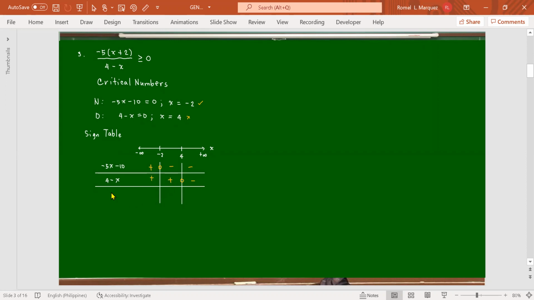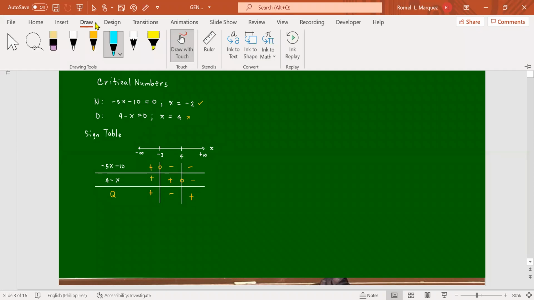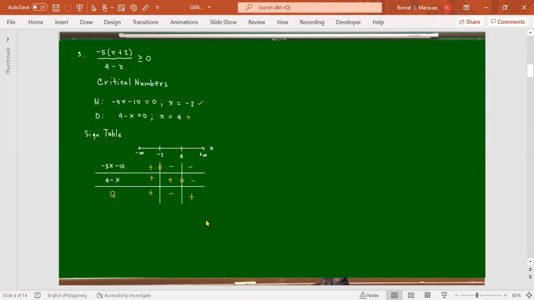Okay? We want to get the quotient. Positive over positive, positive. Negative over positive is negative. Negative over negative, that is positive. Which intervals are solutions, guys? We want it greater. Take note that we include -2, no?